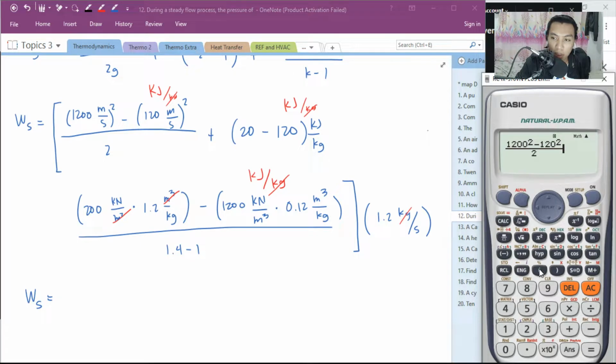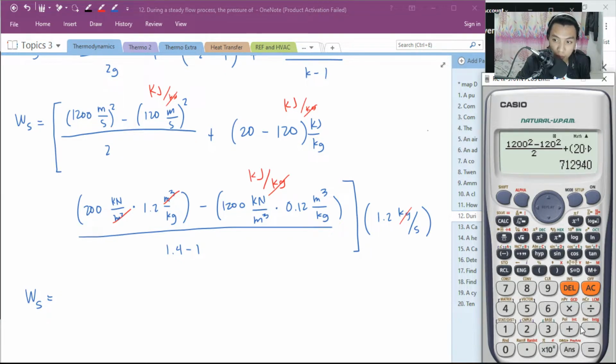Sa dulo ka na lang mag-add nung 1.2 nung mass niya. 20 minus 120 plus yung buo. 200 times 1.2 minus 1.2 times 0.12. Divide mo ng 1.4 minus 1, bali 0.4. The answer is, yan.